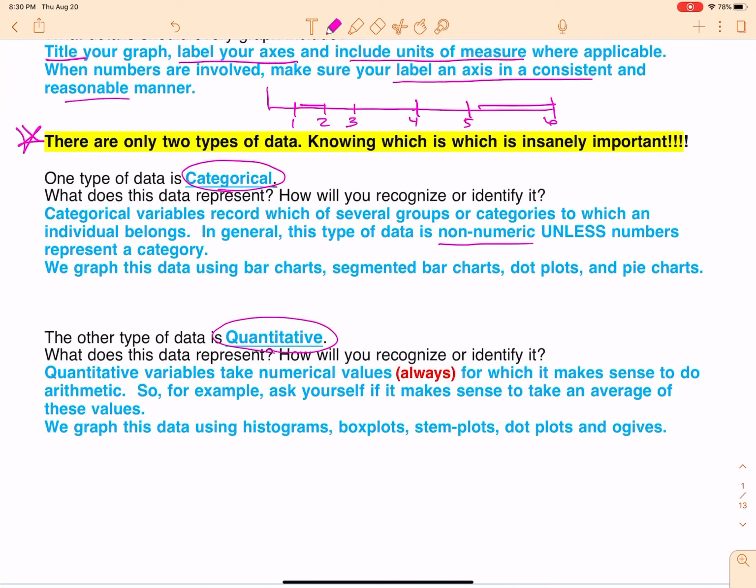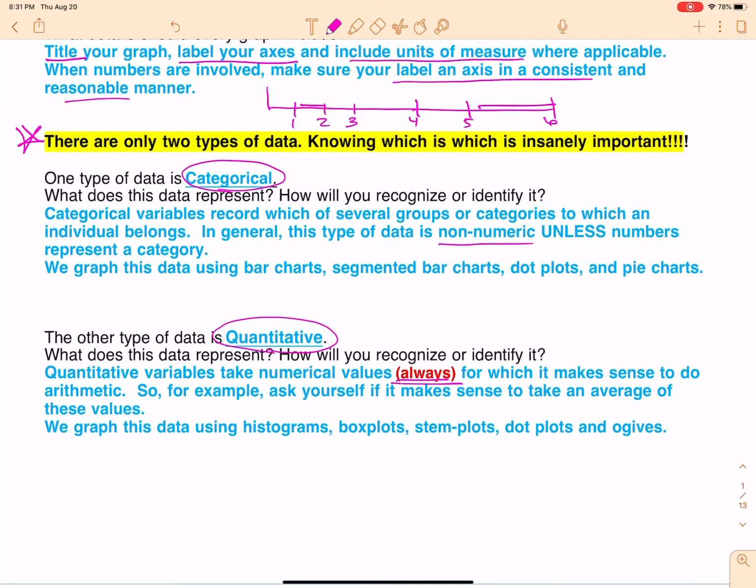Okay, so moving on to quantitative data. Quantitative data is what we will place the most emphasis and focus on, because it gives us the most information. We can do more with it. Your quantitative variables are always numeric.